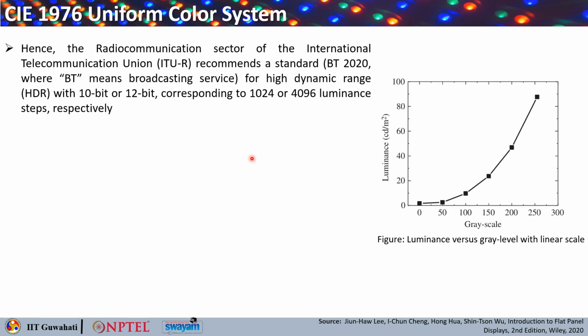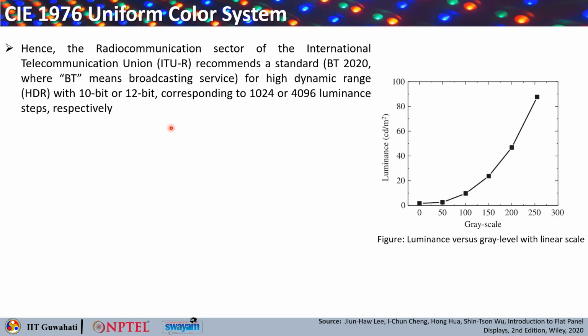Hence the ITU-R, that is basically the International Telecommunication Union, mainly in the radio communication sector, are the ones that broadcast the television signals and all. So they recommended a standard called BT.2020.